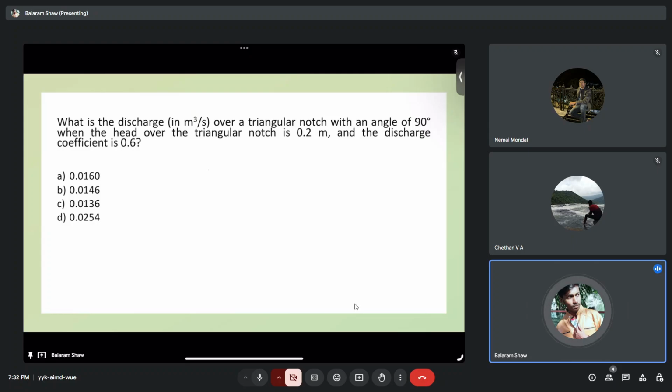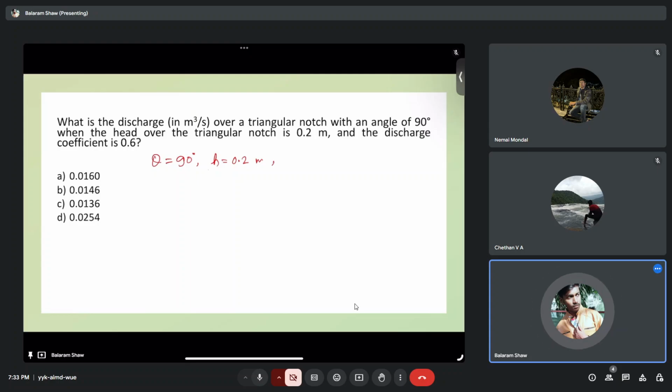Next question is, what is the discharge in meter cube per second over a triangular notch with an angle of 90 degree when the head over the triangular notch is 0.2 meter and the discharge coefficient is 0.6. So we are given theta as 90 degree for the triangular notch. Then we have head as 0.2 meter.